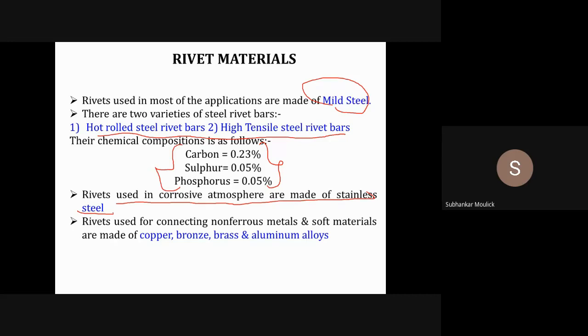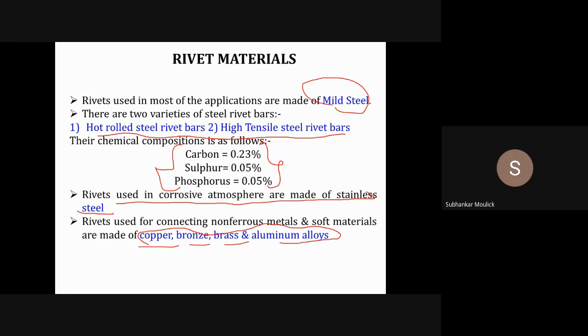And rivets are also used for connecting non-ferrous metals and soft materials made up of copper, brass, and aluminium alloys. That means non-ferrous and soft materials. If you want to connect any two non-ferrous or soft materials made up of copper, bronze, brass, and aluminium alloys, you can also do riveting.